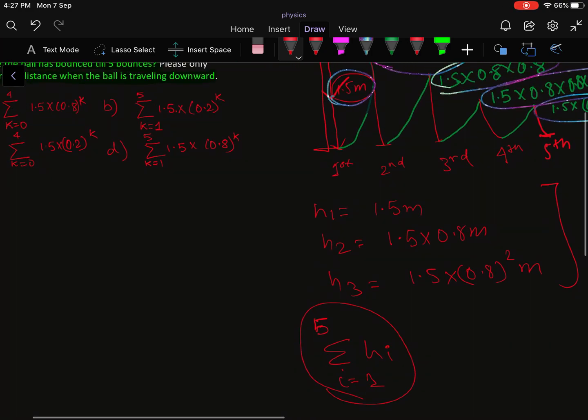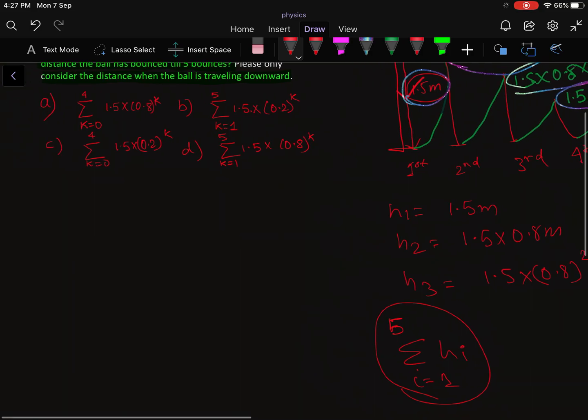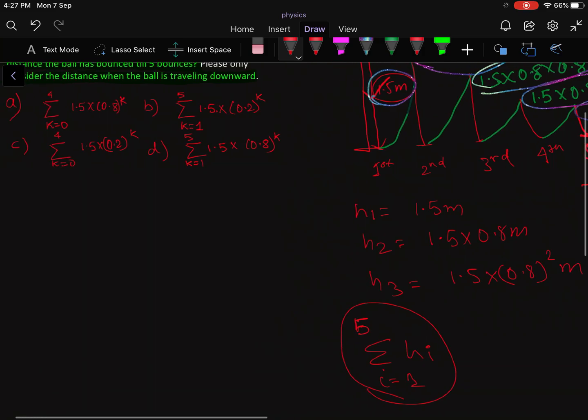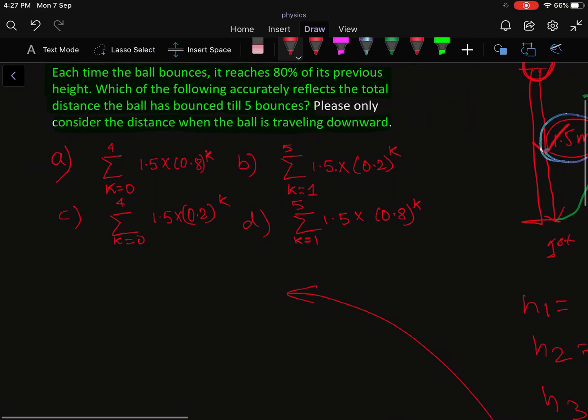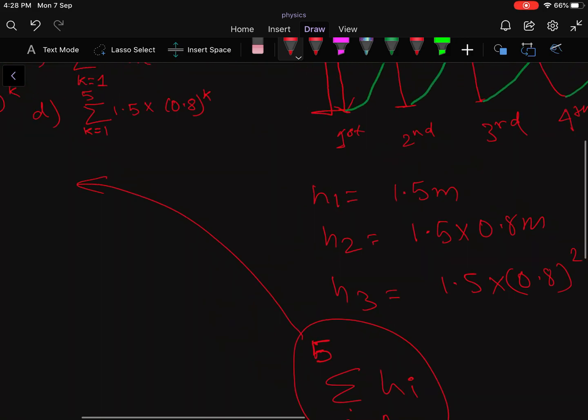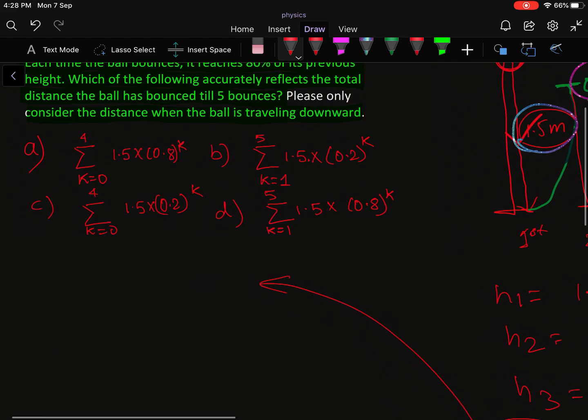In this question they haven't given the answer in these terms. So you have to think in the terms in which the options are given, correct? You can see there will be a total of 5 terms in each case, and h1 will be 1.5. So put k equals 0, it will become 1.5.